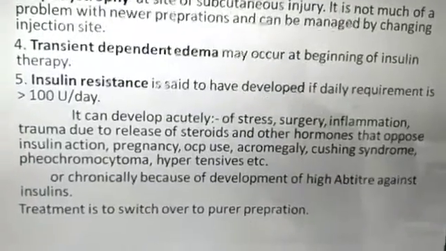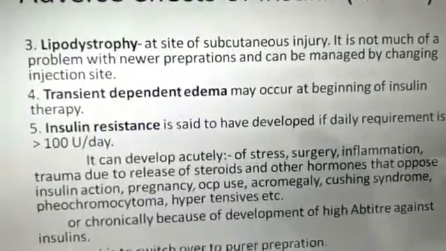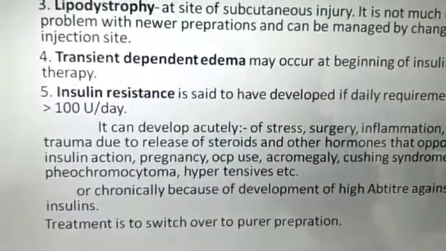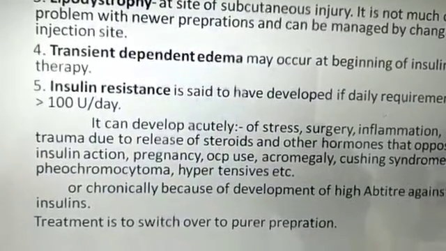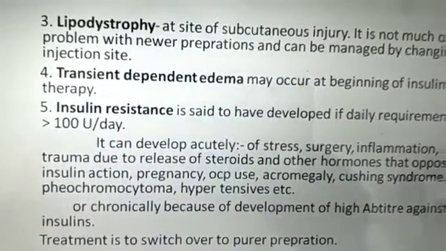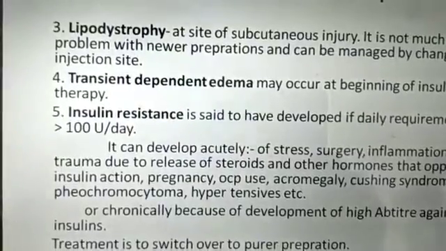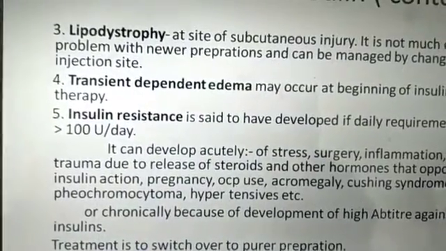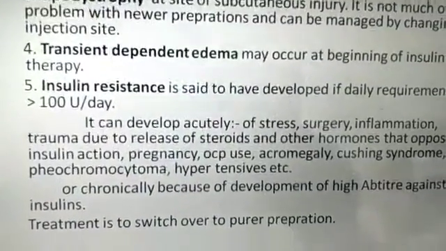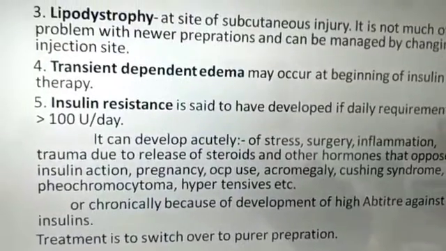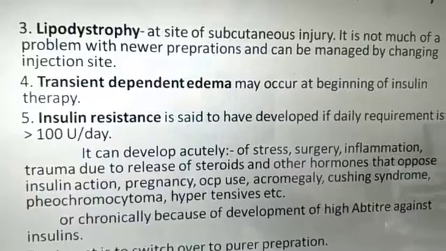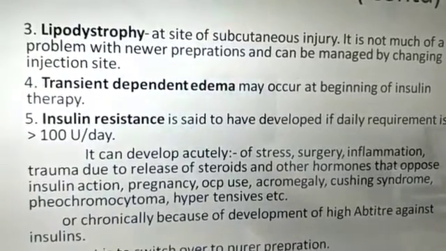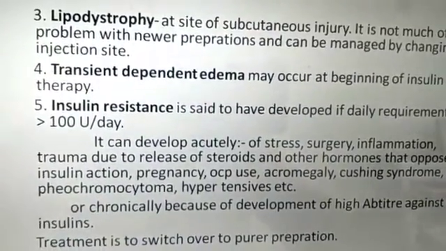So till now we have discussed the physiology and the pharmacology of insulin. What are various insulin preparations? What are various delivery devices? These two questions are most frequently asked. Then we have discussed diabetic ketoacidosis and its management.